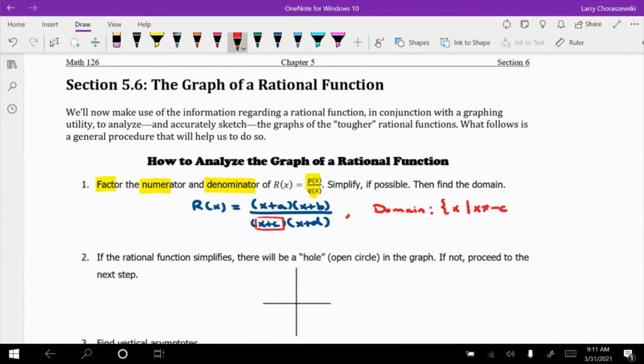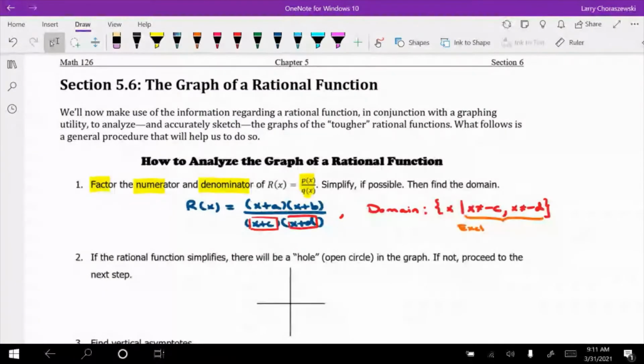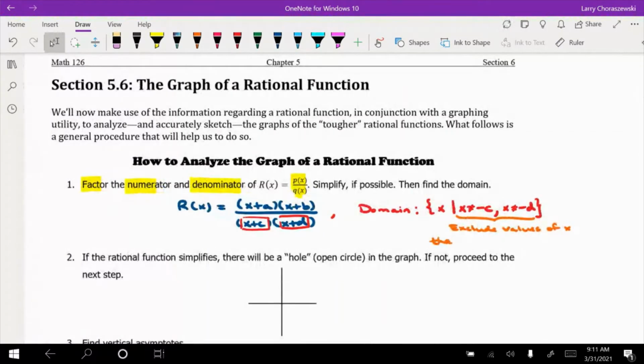So I'll say x cannot equal negative c, and then negative d would create division by 0 in that second factor. Long story short, exclude values of x that cause division by 0.